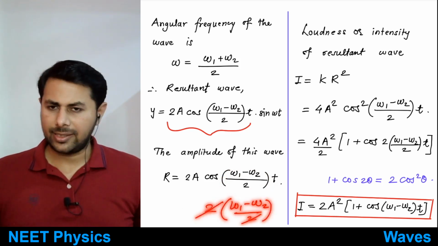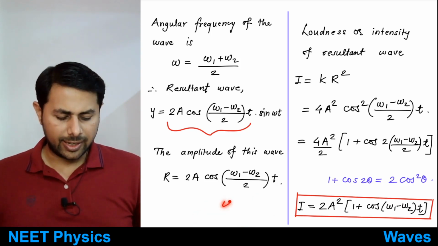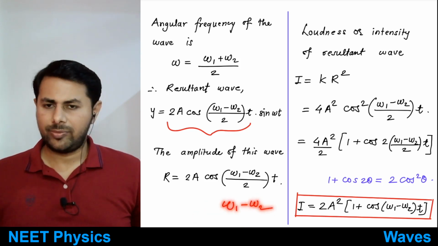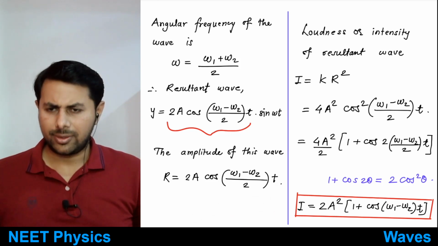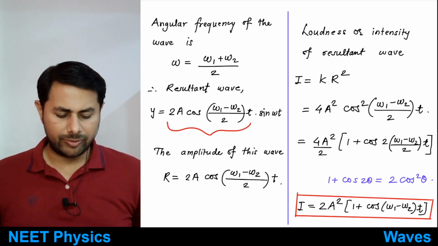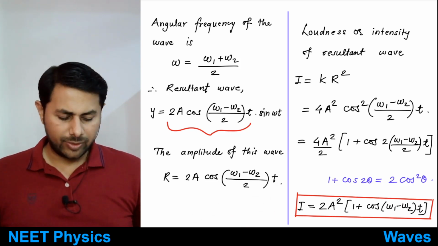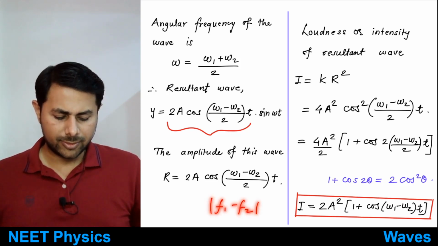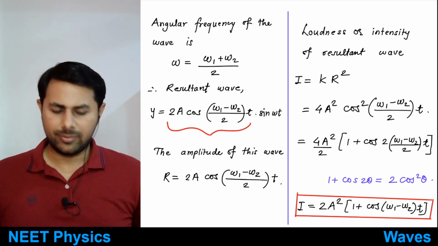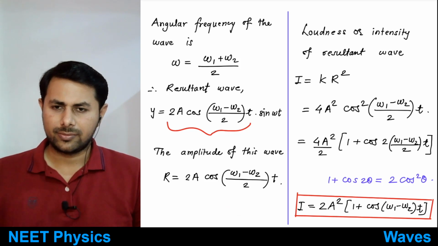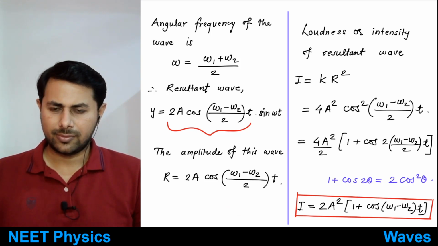The 2 will get cancelled, and you can very easily see that the angular frequency would be equal to ω1−ω2, and therefore the frequency of beats would be equal to f1−f2, the difference between them. This thing is clear?